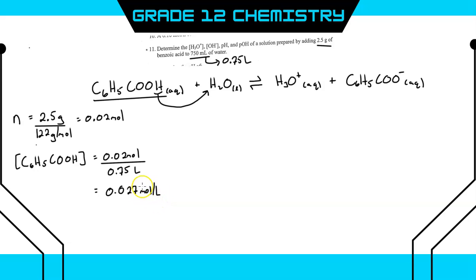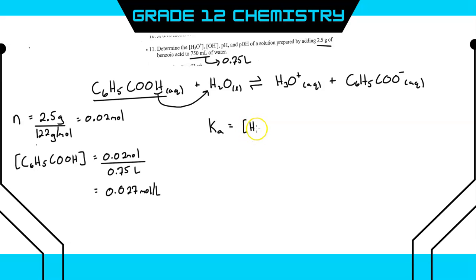Okay, now in this case, we can't just do our regular stoichiometry and mole ratio because this is an equilibrium equation. So we're going to need to use our equilibrium law. So let's start with our acid constant. And that's going to equal the concentration of our products.